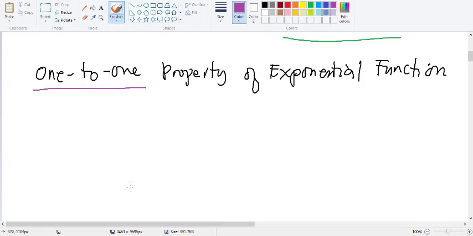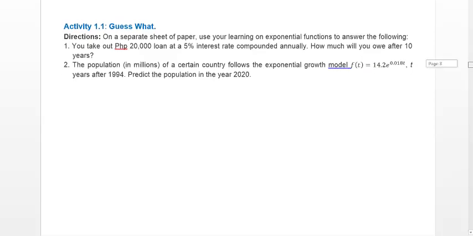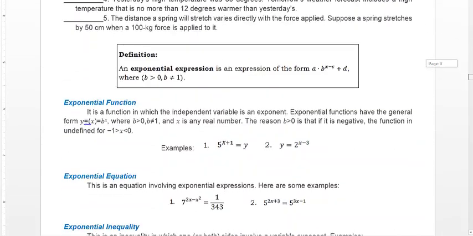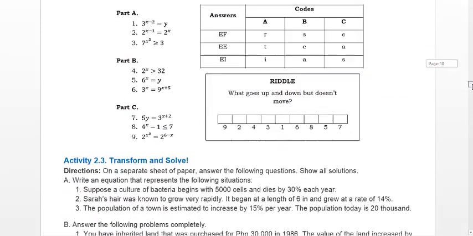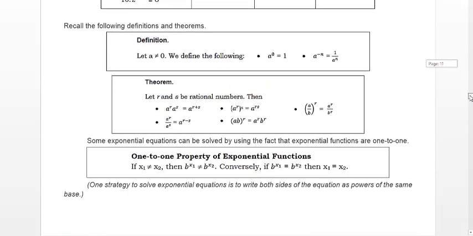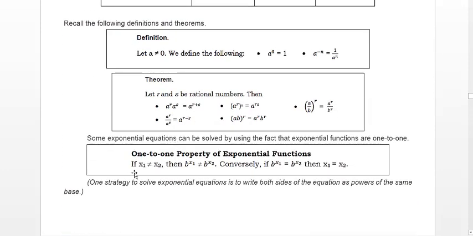Now, in your modules, it is actually stated what this property is. Let me find that now. Where is that? Here. So, if x sub 1 is not equal to x sub 2, then b to the power of x sub 1 is not equal to b to the power of x sub 2.